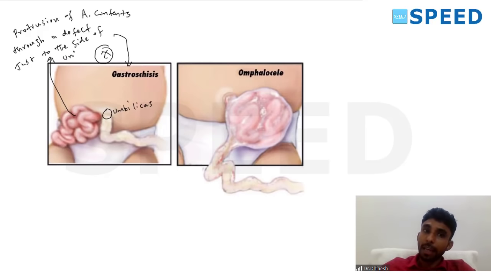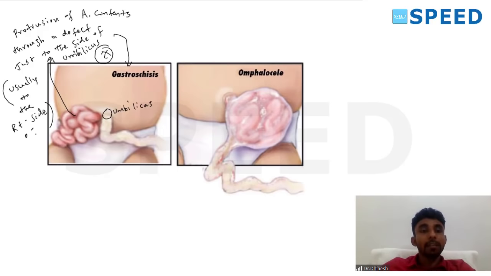The defect is not exactly in the midline. It is just to the side of the umbilicus. Usually the defect will be just to the right side of the umbilicus, as you are seeing in this diagram. The defect is here.